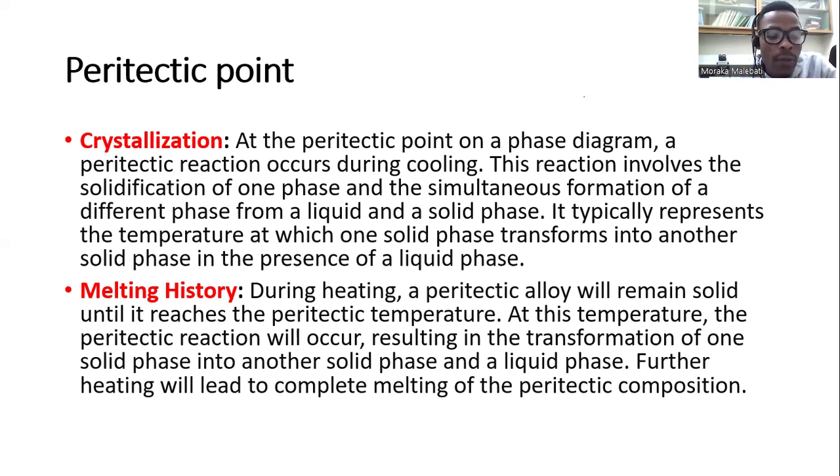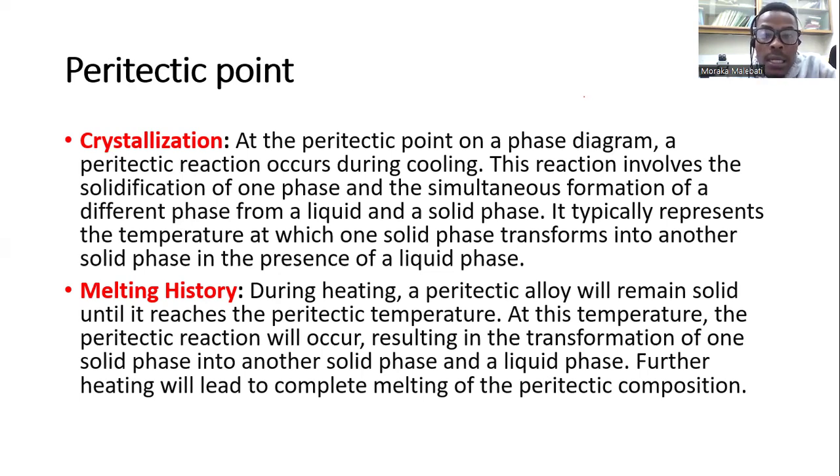I hope you understand now. Remember, at the peritectic point, the solid plus melt react to form a new solid phase that is totally different from the first crystallized phase.